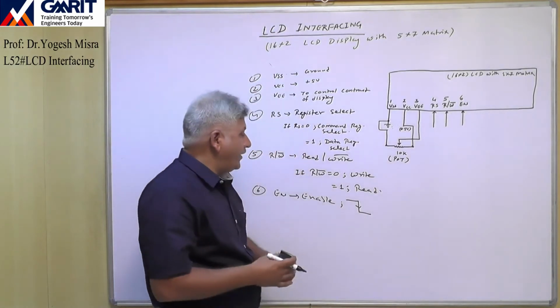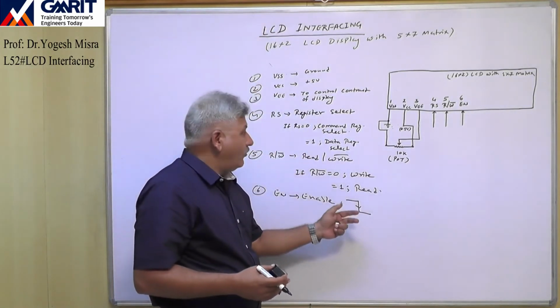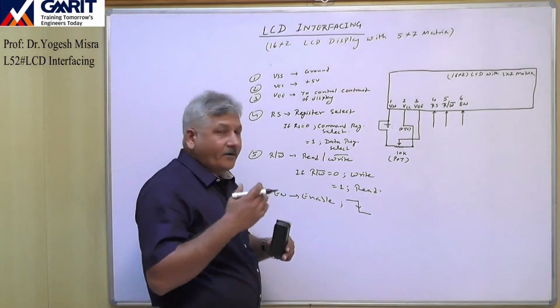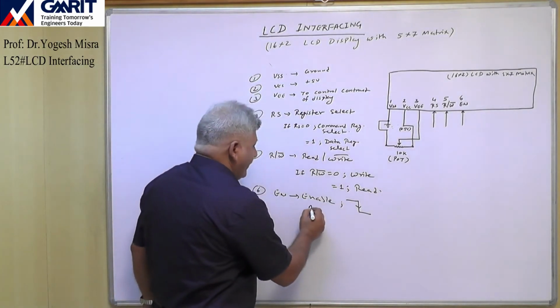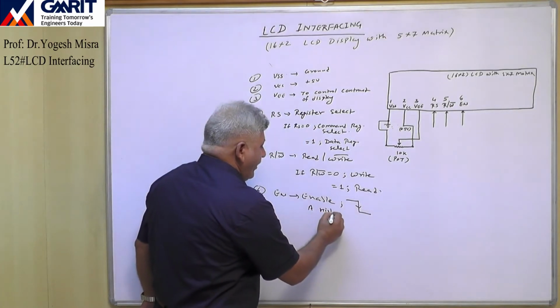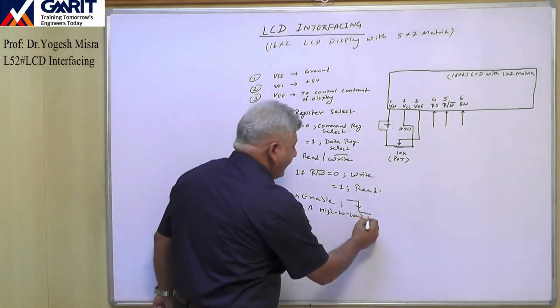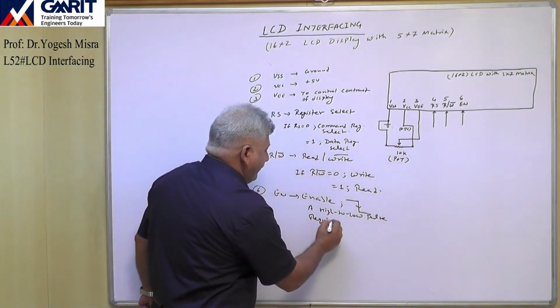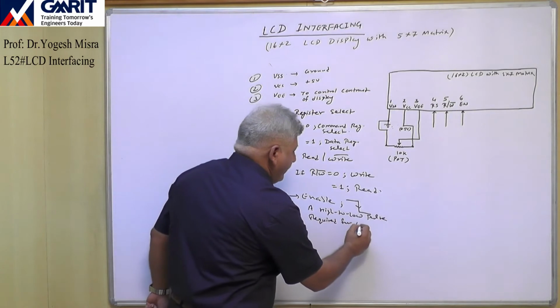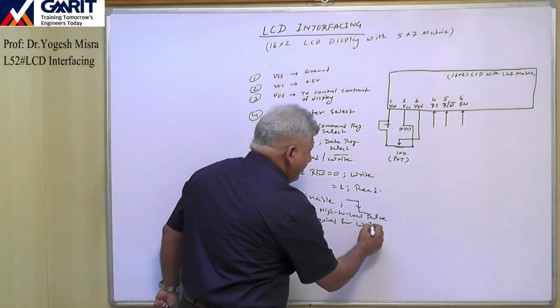Unless we apply a high to low pulse over the enable pin, that write operation will not complete. So here a high to low pulse is required for the write operation.